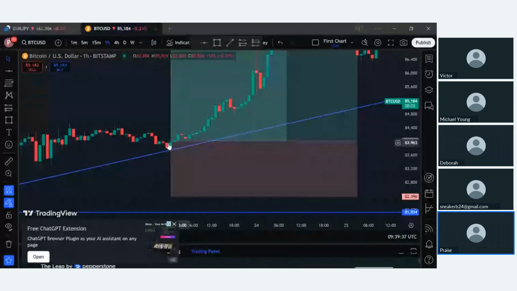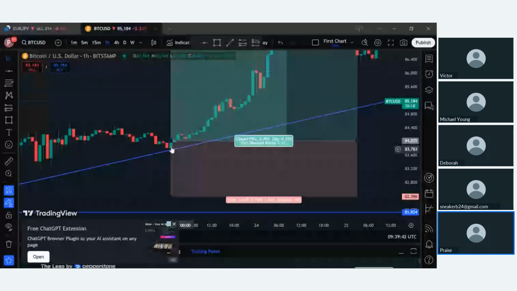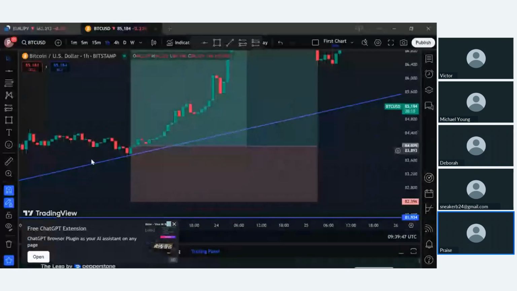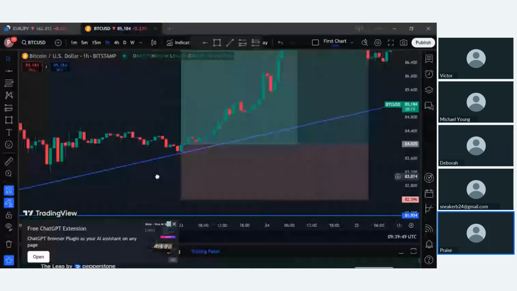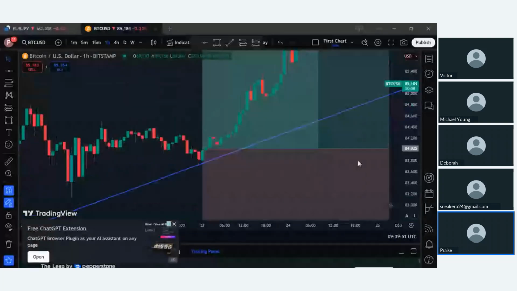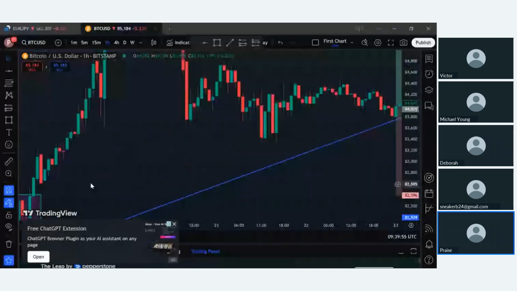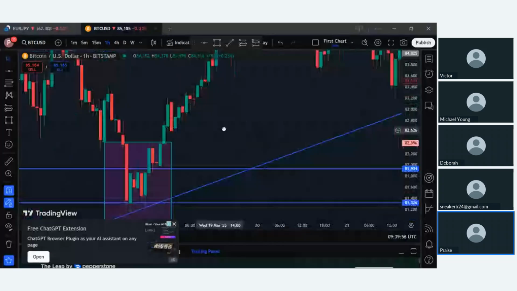But even though the low is not lower than this one, you can see what happened here. So if we look closely, what you want to be using for your confirmation in trend lines is candlestick patterns, or you go to the lower time frame.